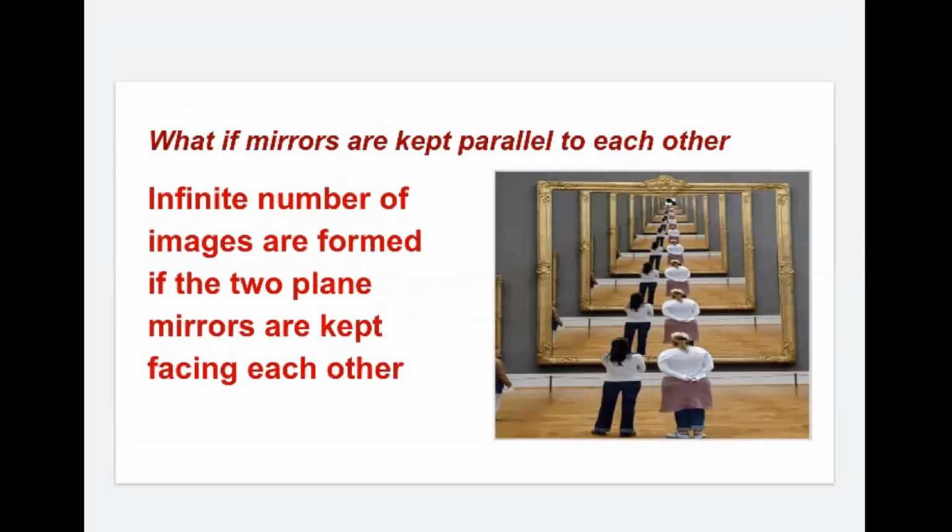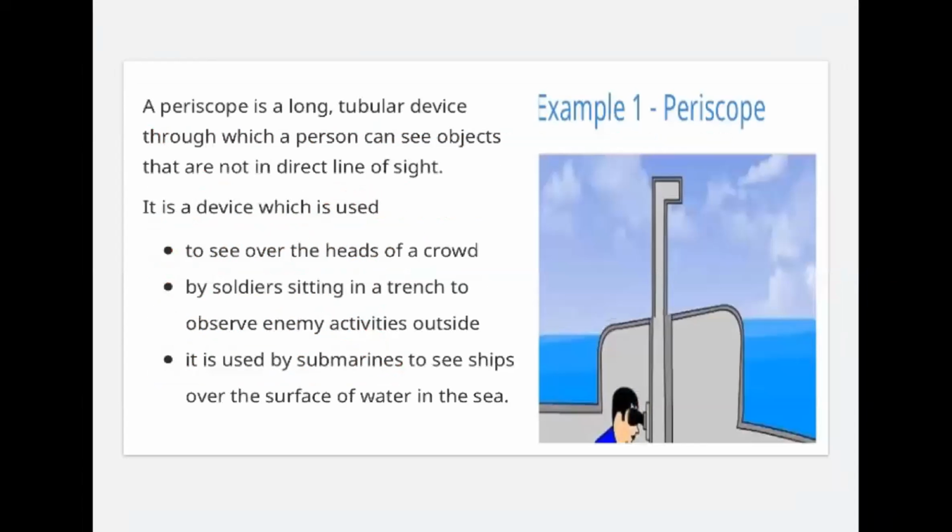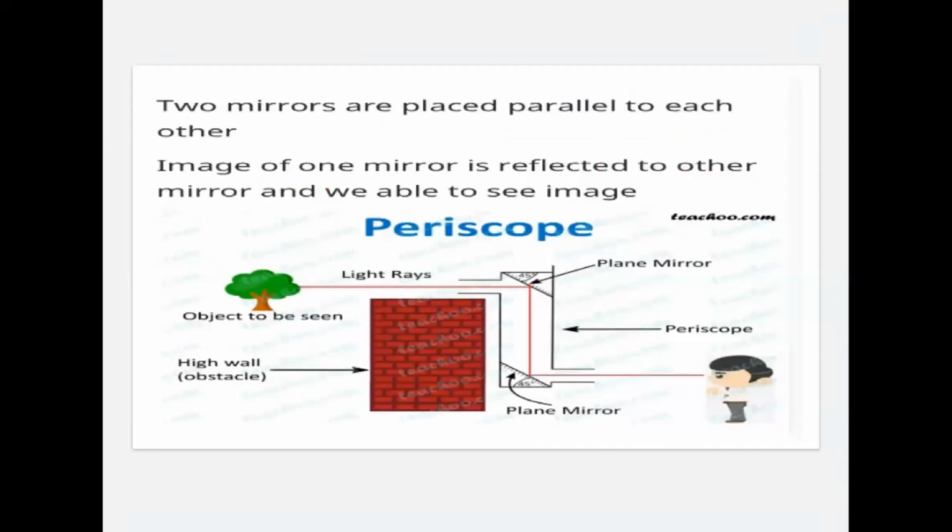Then we saw a think-about-it question from the textbook. What if the 2 mirrors are kept parallel to each other? Definitely, an infinite number of images will be formed. And this application is used in a periscope. We make use of 2 parallel mirrors to track activity of things that are beyond our eyesight.